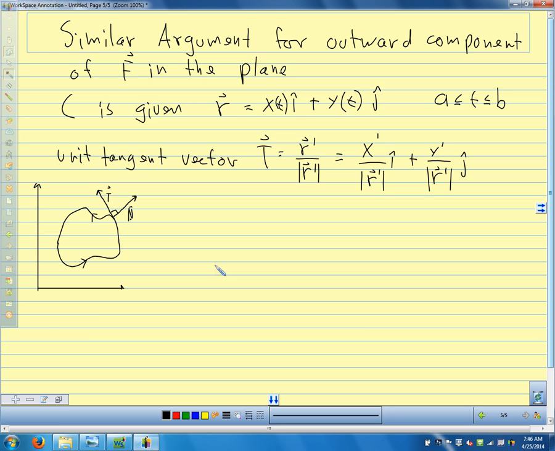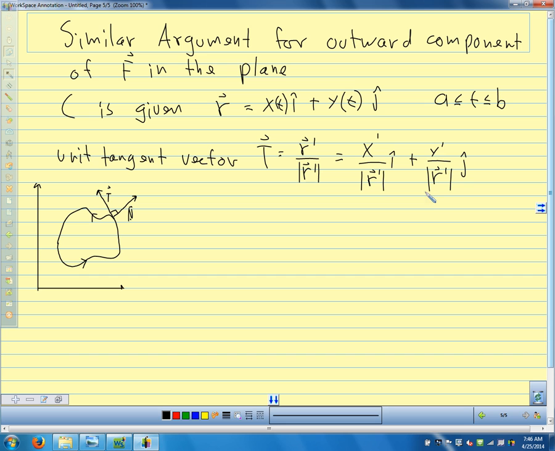In the plane, what was our shortcut for finding the unit normal vector from the unit tangent vector? You remember that back in chapter 12? What was our shortcut in the plane for finding the unit normal vector if we had a unit tangent vector? We're going to switch the x and the y and change the sign on one.